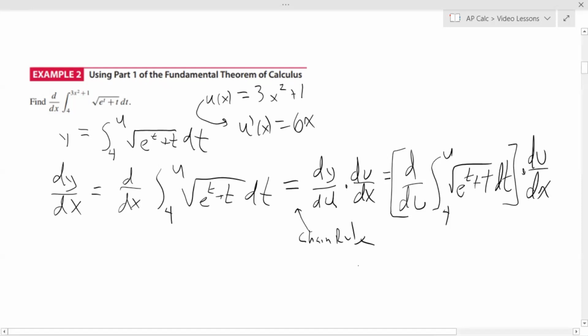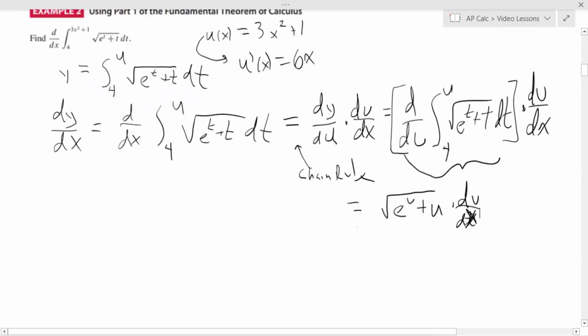This all boils down to the derivative of the integral with respect to u, which is just going to be the square root of e to the u plus u, times du/dx.